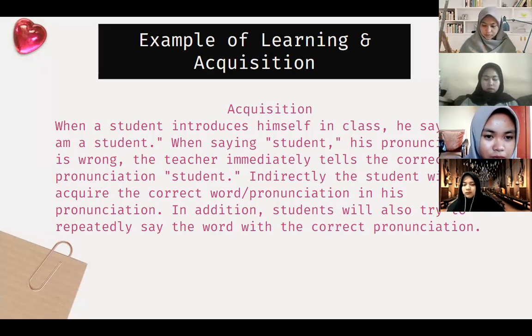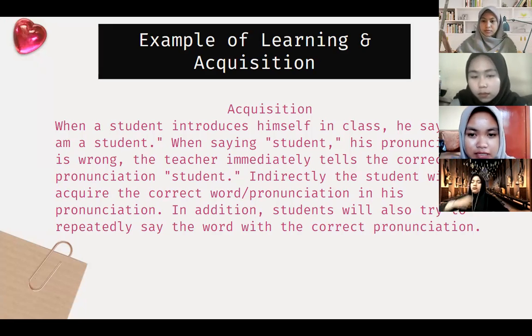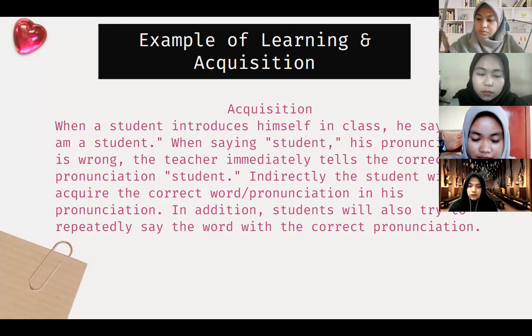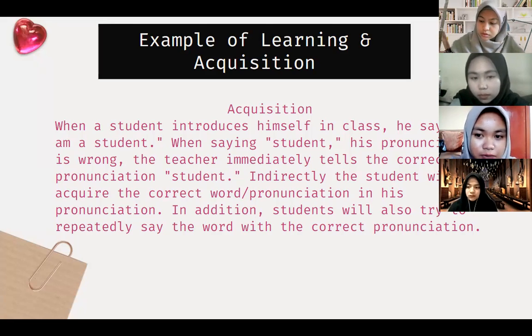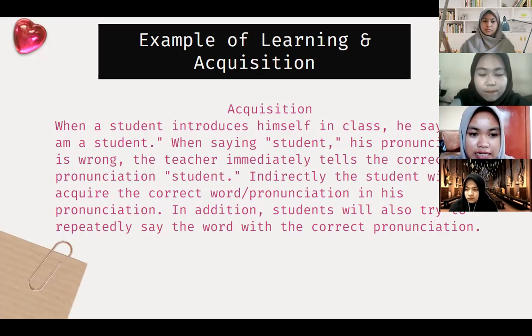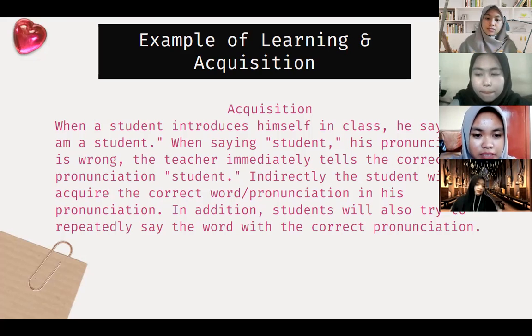The example: when a student introduces himself in a class, he says, I'm a student. When saying student, his pronunciation is wrong. The teacher immediately tells the correct pronunciation, student. Indirectly, the student will acquire the correct pronunciation. In addition, the student will also try to repeatedly say the word with the correct pronunciation.